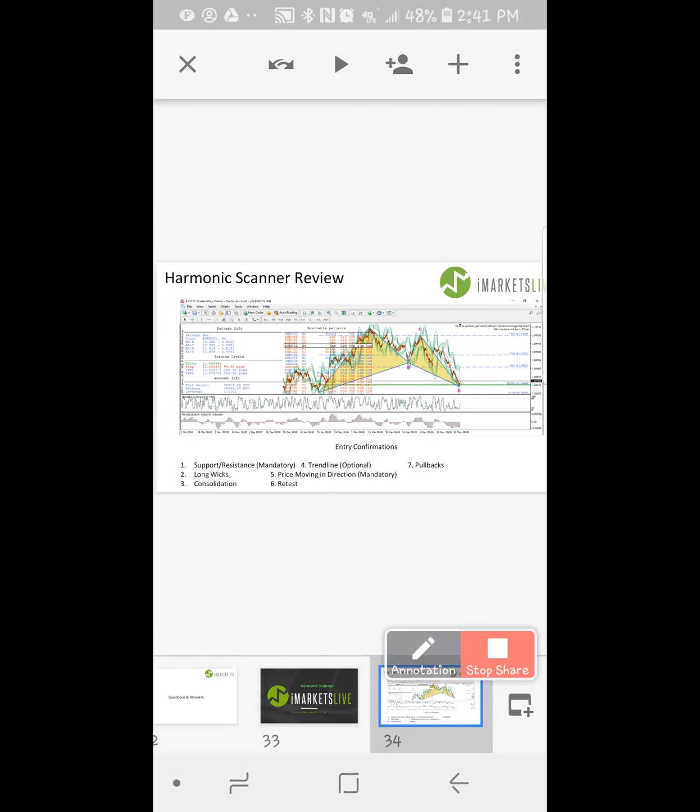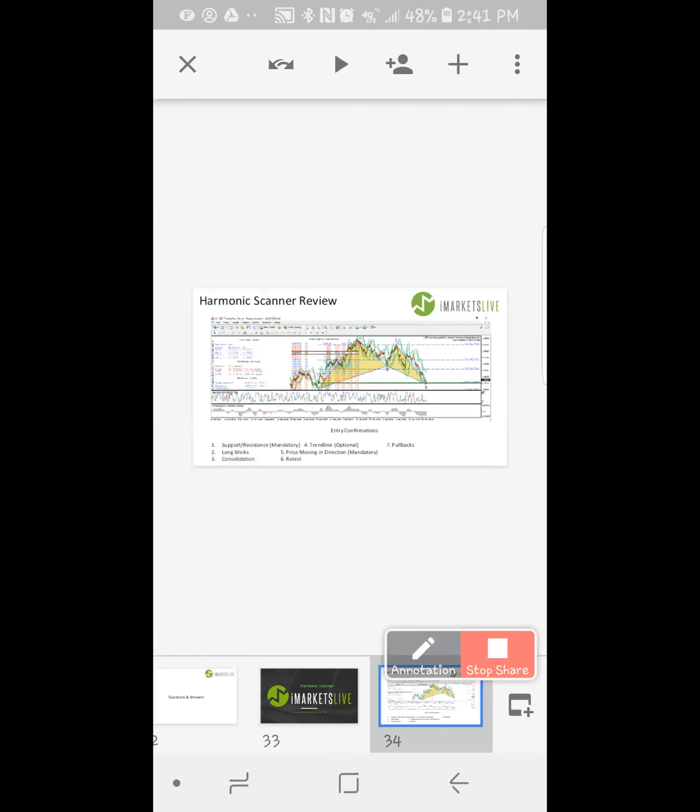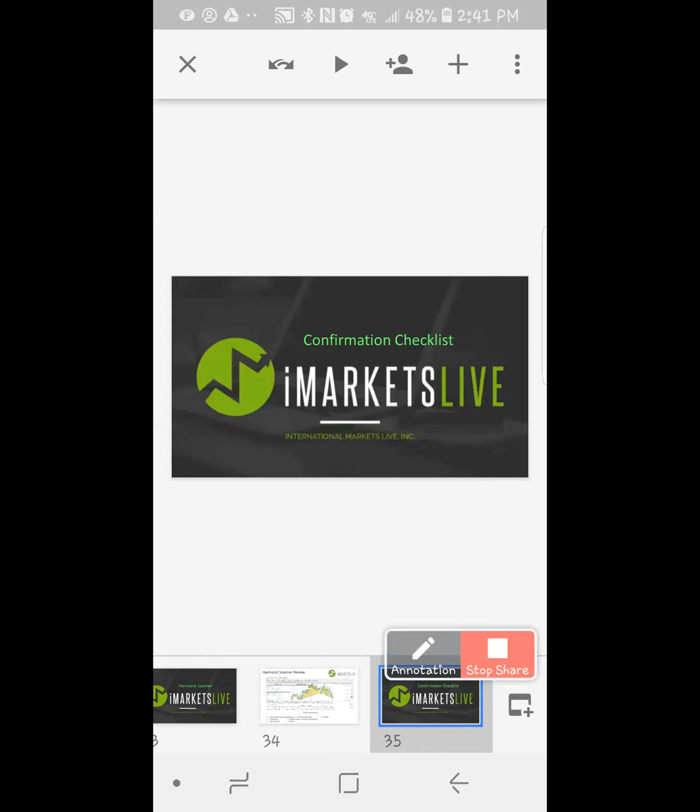So this is going to show you support and resistance, long weeks, consolidation, the trend line, price moving in a direction, retest, and pullback. Those are your entry confirmations. So when you're looking on a harmonic scanner, you can make a sound decision on whether you want to enter the trade or not.